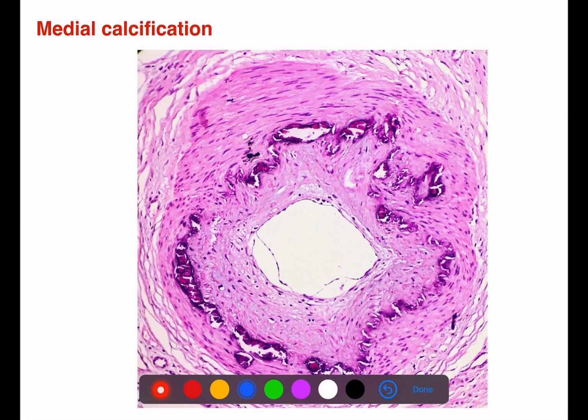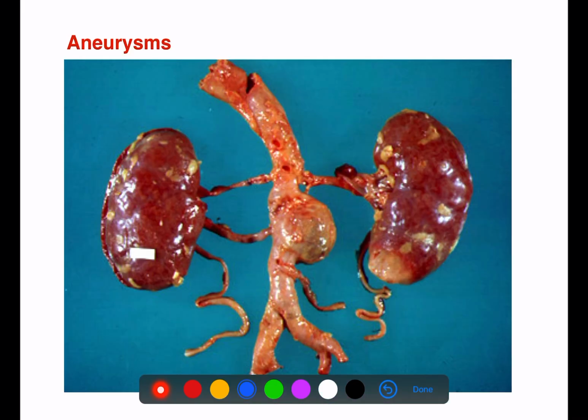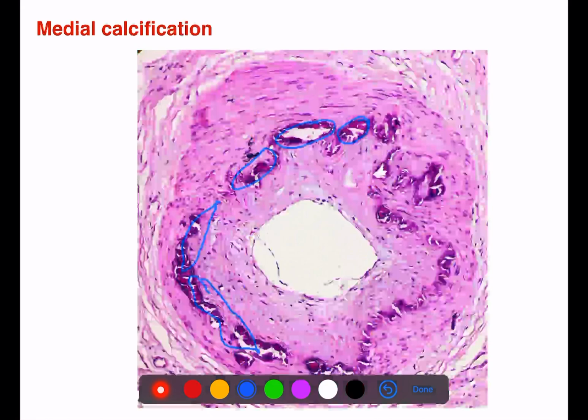Monckeberg calcification is characterized by the precipitation of calcium deposition within the tunica media, and usually the cause is unknown, but it's related to age. After the sixth decade, calcification will begin within the tunica media and blood vessels of aged people, usually heart failure patients.